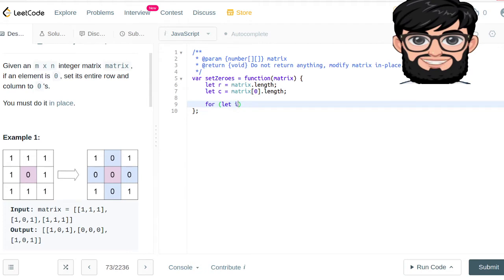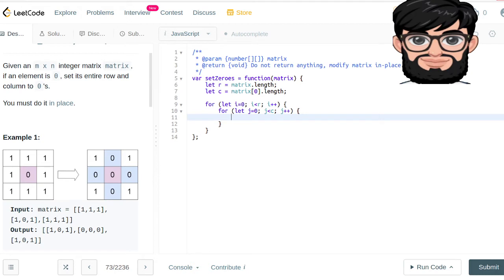Our first loop is gonna be i is equal to 0, i is less than r, i plus plus. The inner loop is gonna be let j is equal to 0, j is less than c, j plus plus.